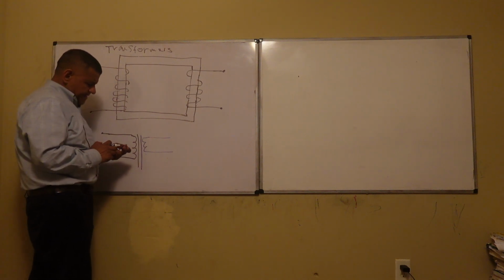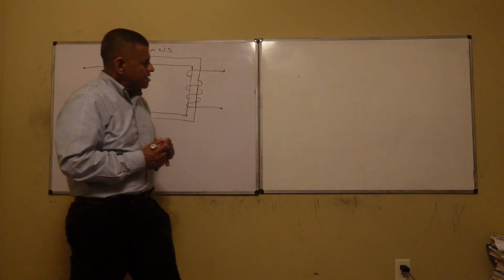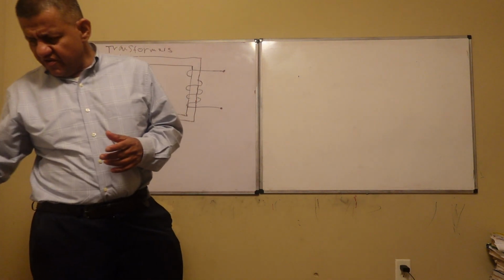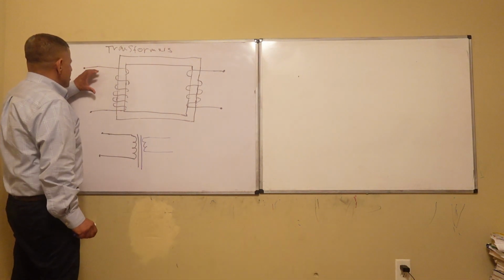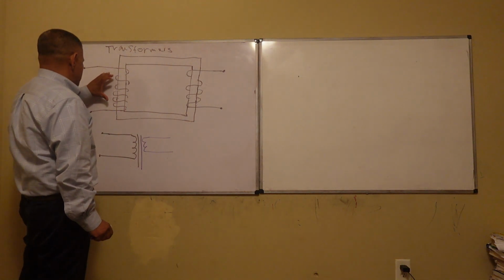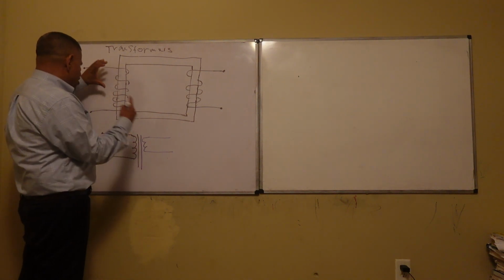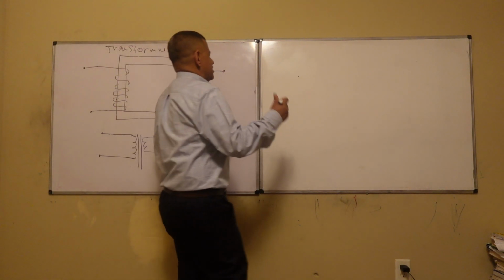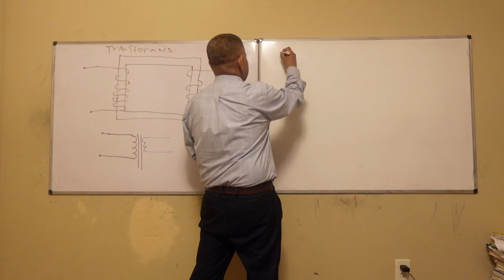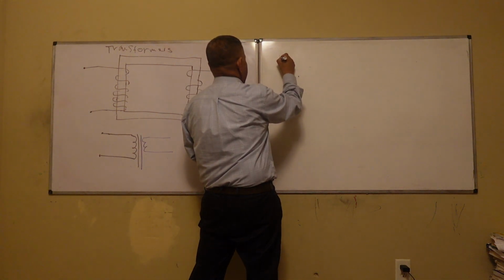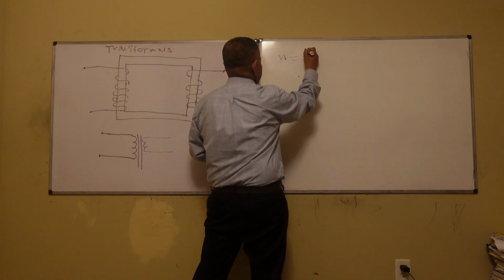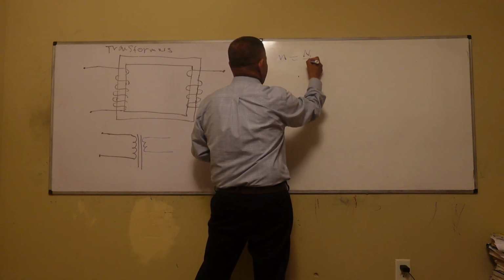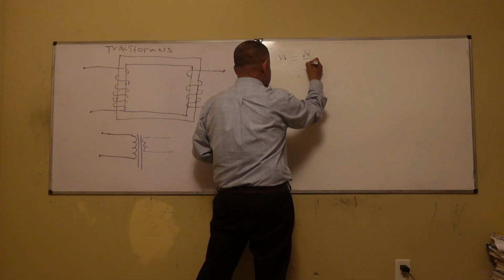Transformers are very interesting because of these coils right here, the turns. It's called turns, N, right? So a small n is equal to N1 over N2.